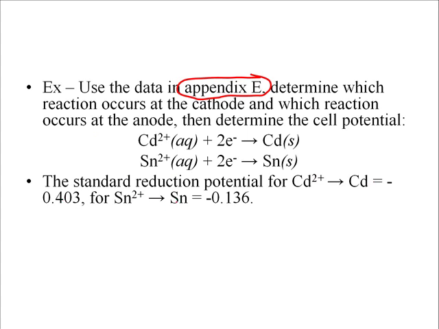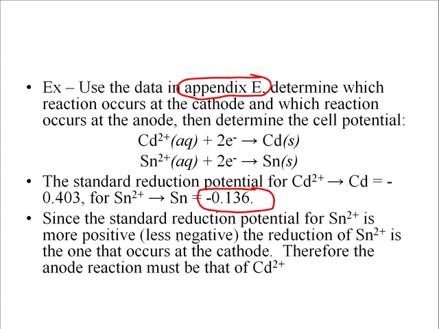For tin 2 becoming tin, it's negative 0.136. So tin has a less negative value, which means it's a bigger value. Therefore, if we're doing cathode minus anode, or reduction minus oxidation, this one has to be your reduction, because if not, when you subtract those two values, you'll get a negative value.